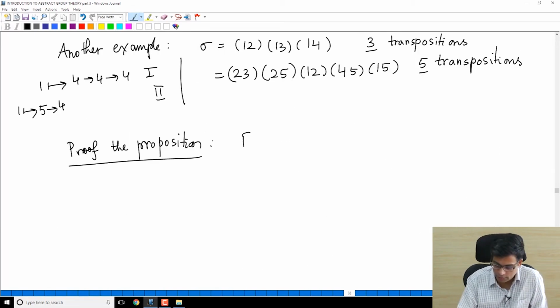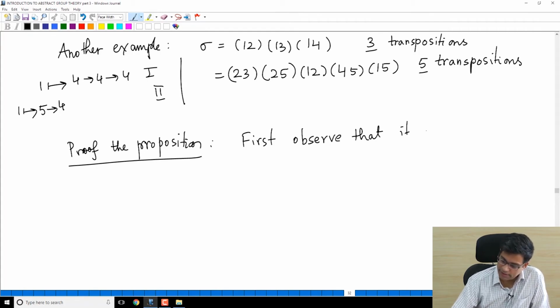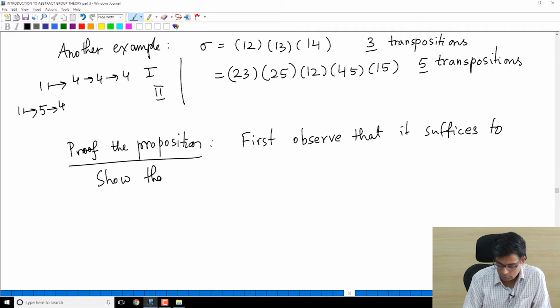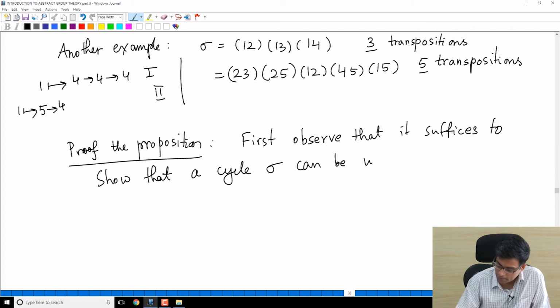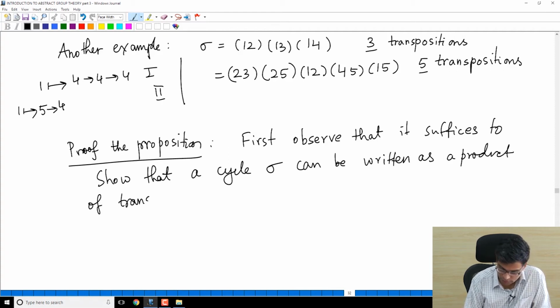First, observe that it suffices to show that a cycle sigma can be written as a product of transpositions.